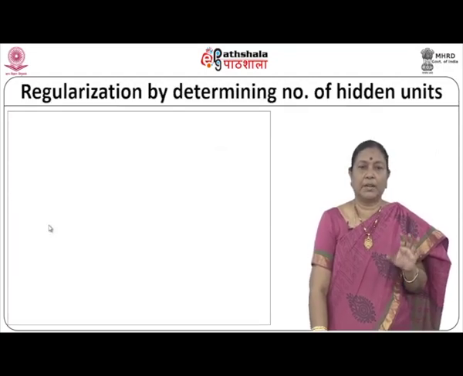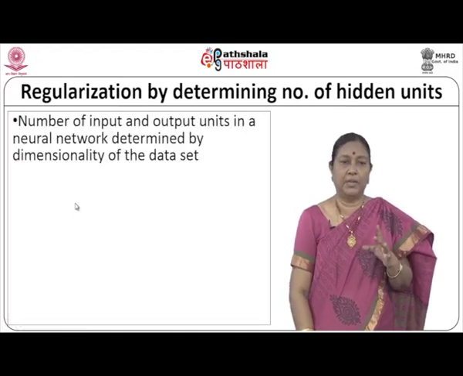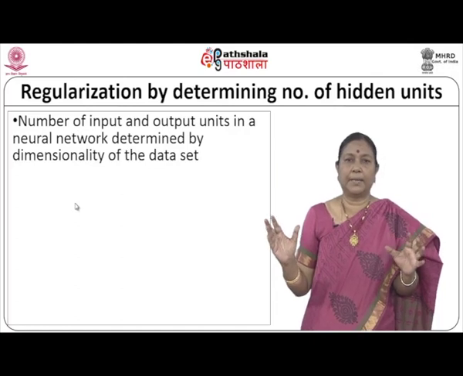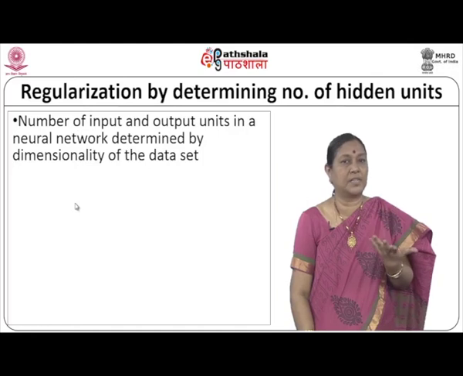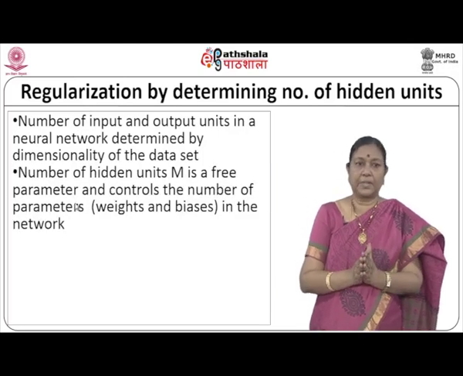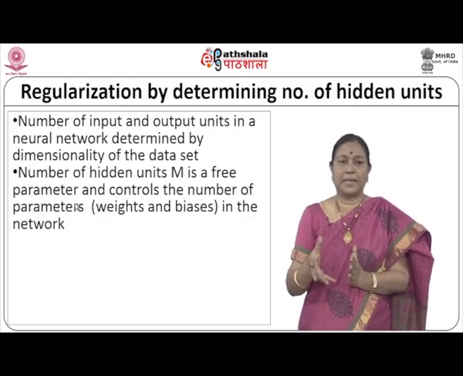You can do regularization by determining the number of hidden units. The number of input and output units in a neural network is determined by the dimensionality of the data set. That is not in our hands. The number of hidden units m is a free parameter and controls the number of parameters, weights and biases, in the network.